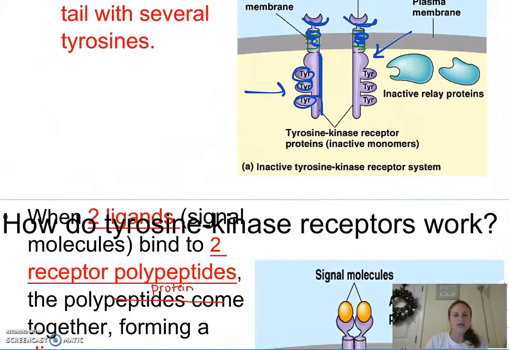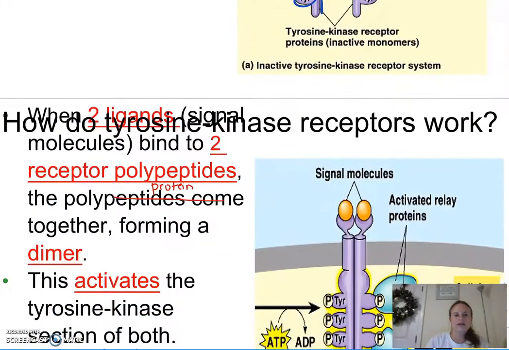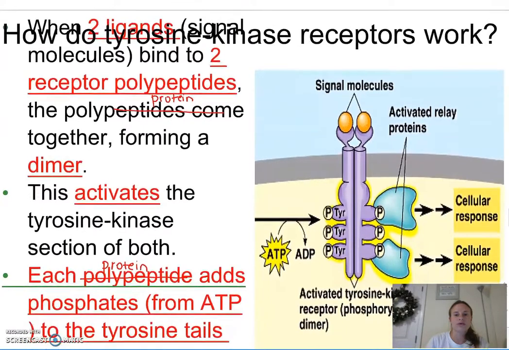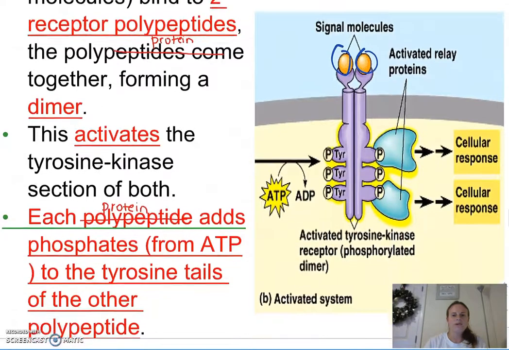However, when two ligands, two signals, such as insulin, for example, bind to our tyrosine kinase receptor, we form what's called a dimer. And now my tyrosine kinase receptor is activated.